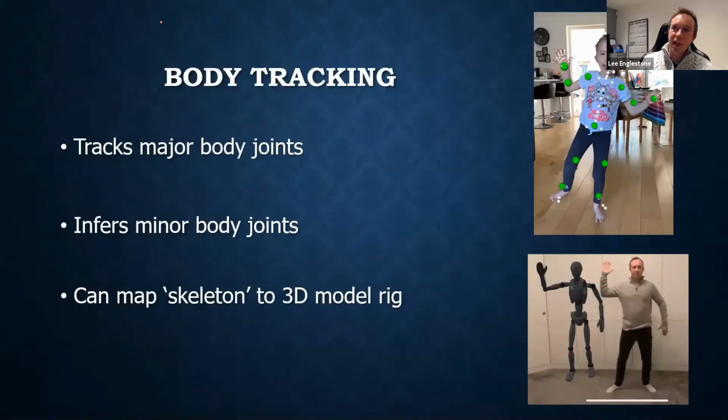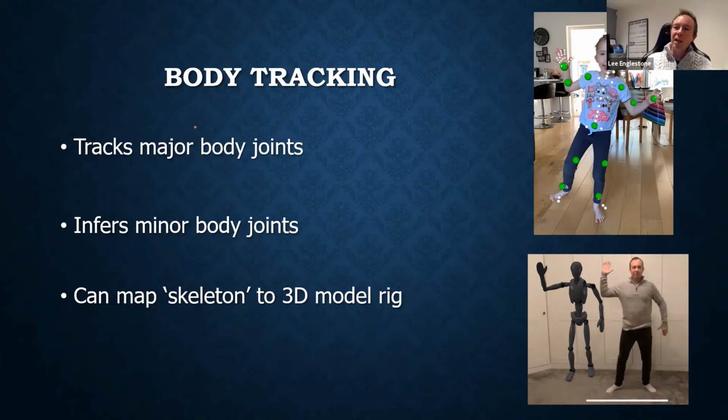Then again, built into ARKit, I'm starting to sound like a broken record, but I can't emphasize enough what is just out of the box if you use ARKit. We have body tracking. What ARKit does, if we're using the body tracking configuration, is when you point your camera at a person, it can track 12 major joints in the body.